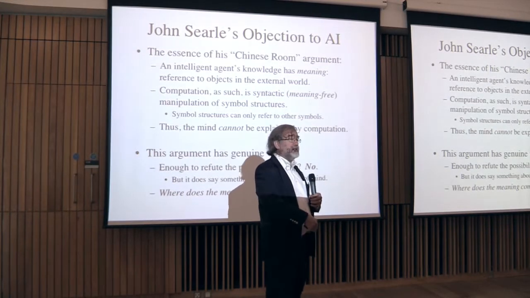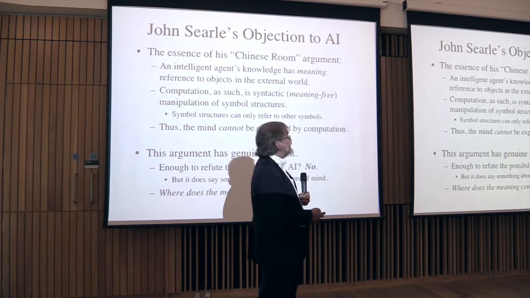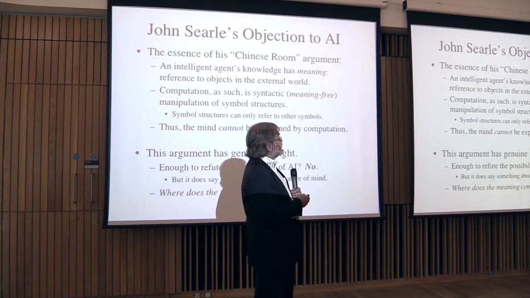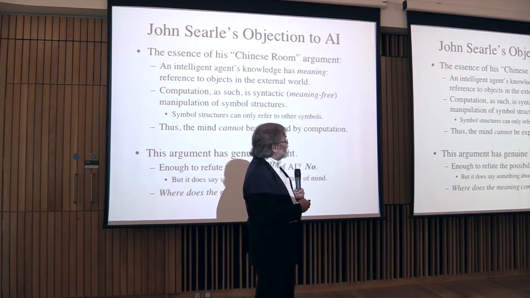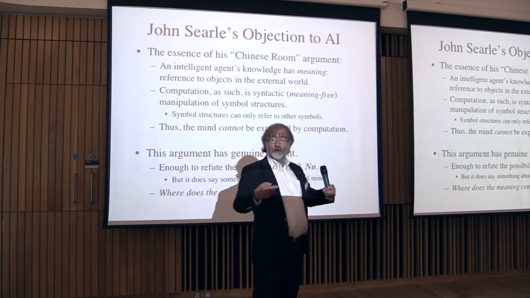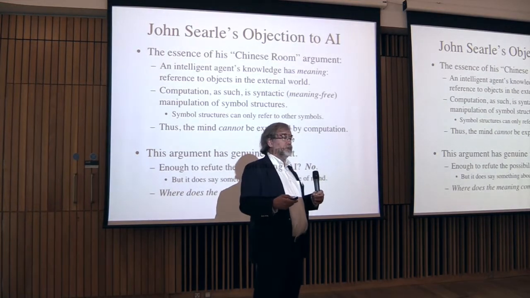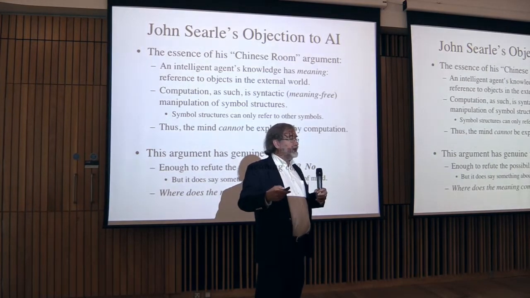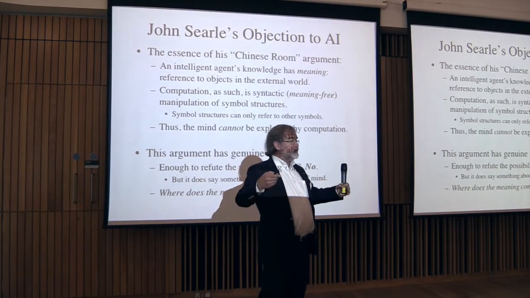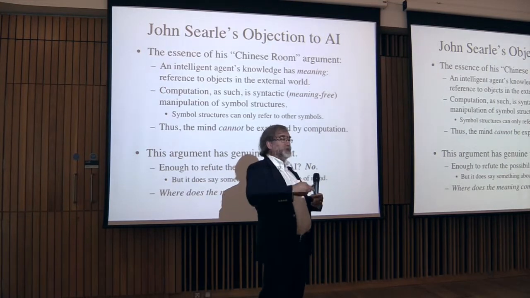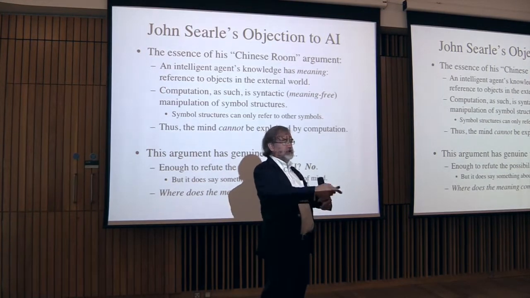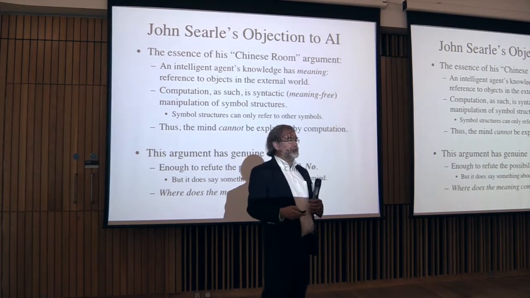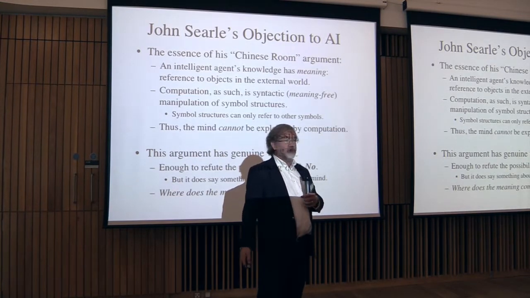But the fundamental essence of his idea is to say, very reasonably, that the knowledge of an intelligent agent has meaning. It refers to objects in the physical world. That seems very plausible, right? I look at you sitting in the audience and I say, that's you. And you're sitting on chairs, and that knowledge is referring to the chairs, and so forth.